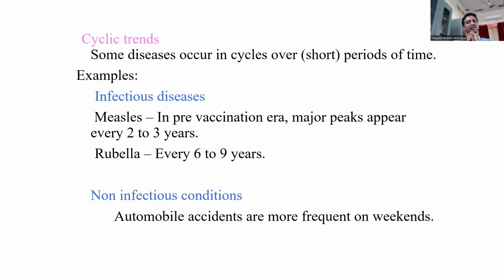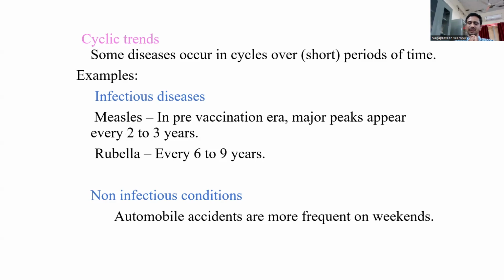Cyclical trends: some diseases occur in cycles over short periods of time. In cycles, the diseases get transmitted over a period of time. That is called a cyclical trend. Some infectious diseases like measles, in the pre-vaccination era, had major peaks appearing every 2 to 3 years.